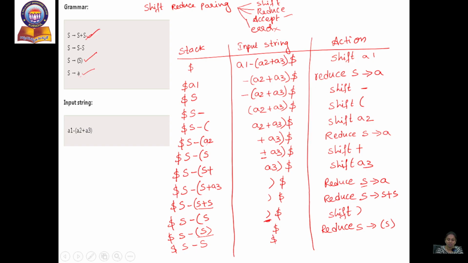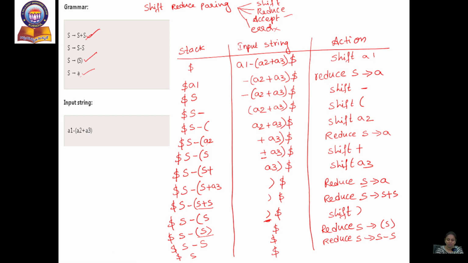Checking S minus S is available, S minus S is available with the S. So again performing the reduce operation, that is S can be derived by replacing it with S minus S. So dollar S, here only dollar is there.